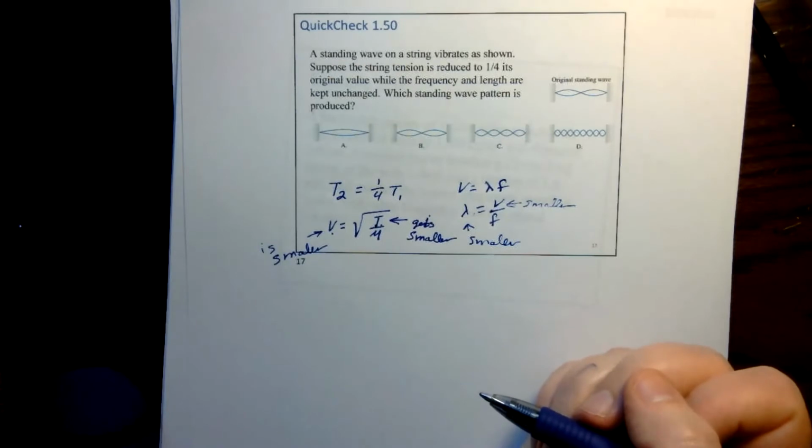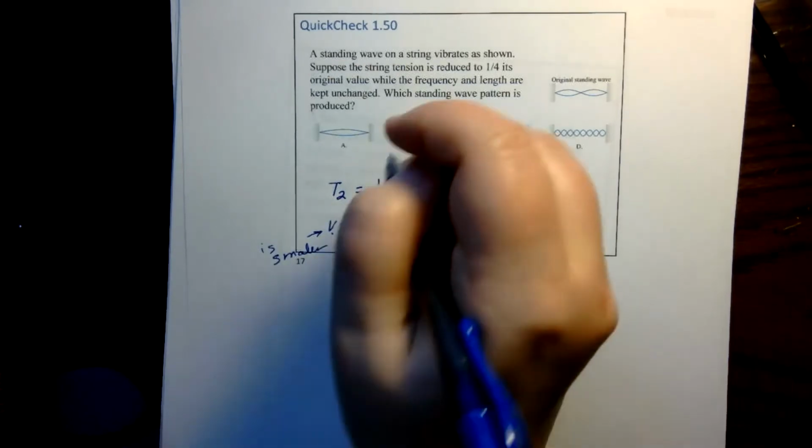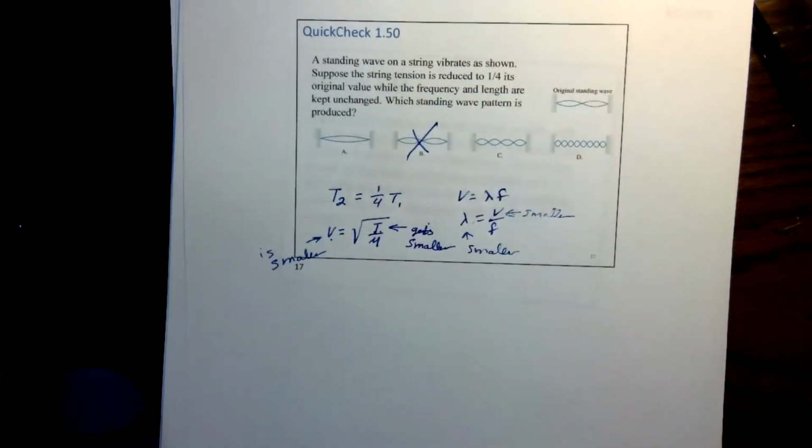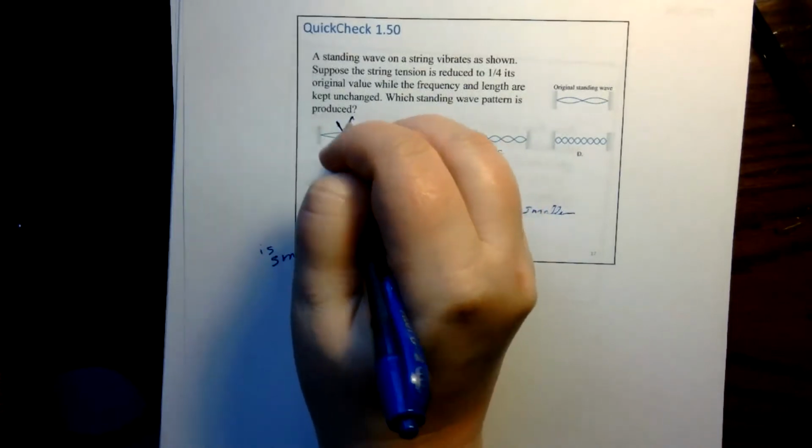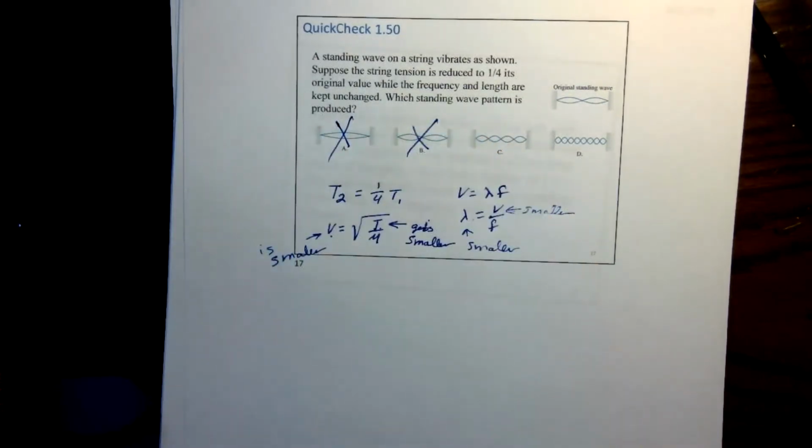So we know with the decrease in tension that our wavelength cannot stay the same, and our wavelength cannot become larger. So now the question is, is it C or is it D?